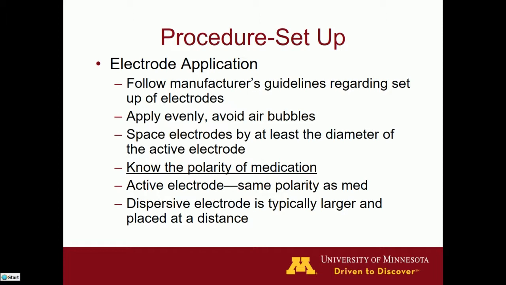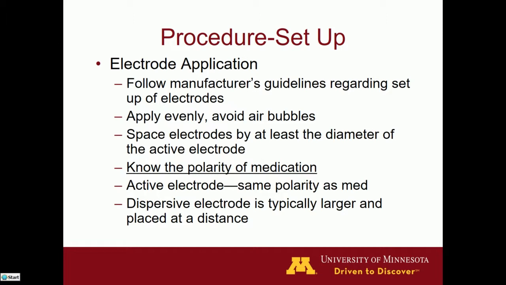So you put your medication in, you put the active electrode directly over the area you want to treat. You want it to be applied evenly. You don't want air bubbles because that can be a real problem with, again, the skin and tolerating the direct current. If you're using two separate electrodes, you space them out by at least the diameter of the active electrode.